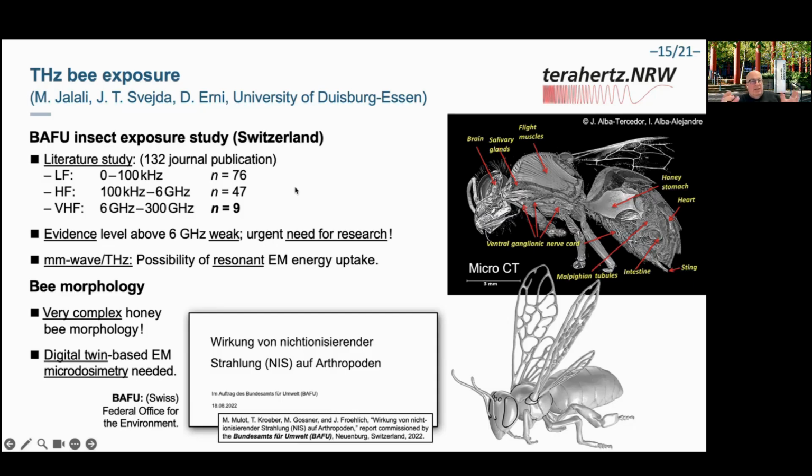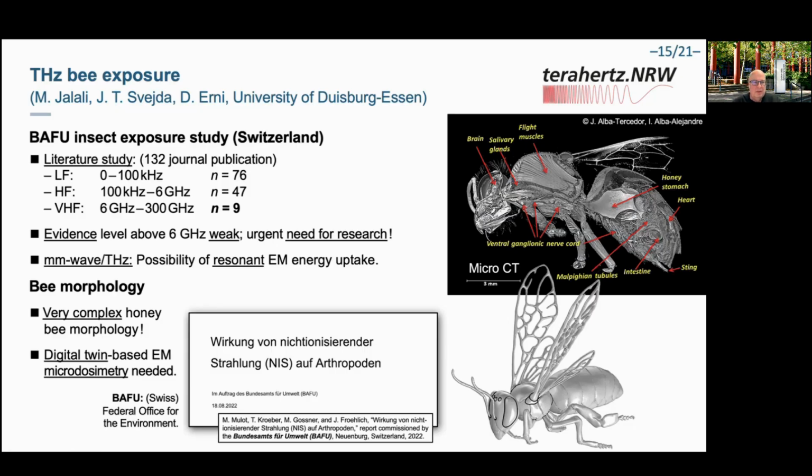They say that the evidence level above 6 gigahertz is extremely weak, and they also made the claim there is an urgent need for exposure research at these high frequencies. So that is one part of the motivation.